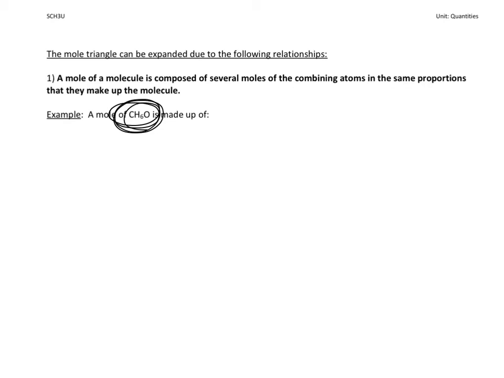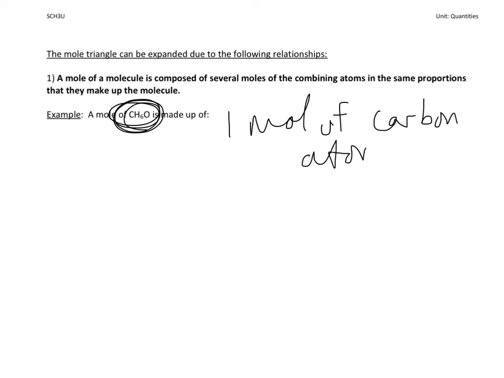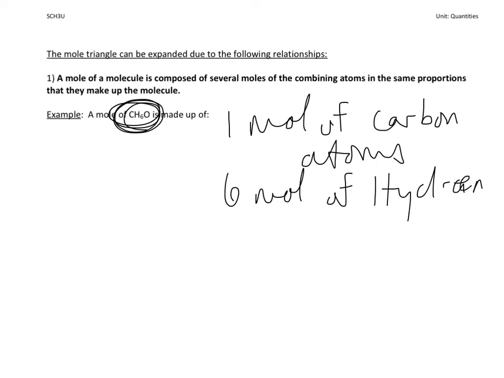But how many carbon atoms would you have? Well, you'd have 1 mole of carbon atoms. You would also have 6 moles of hydrogen atoms, because for every 1 particle there's 6 atoms, so it's a 1:6 ratio.